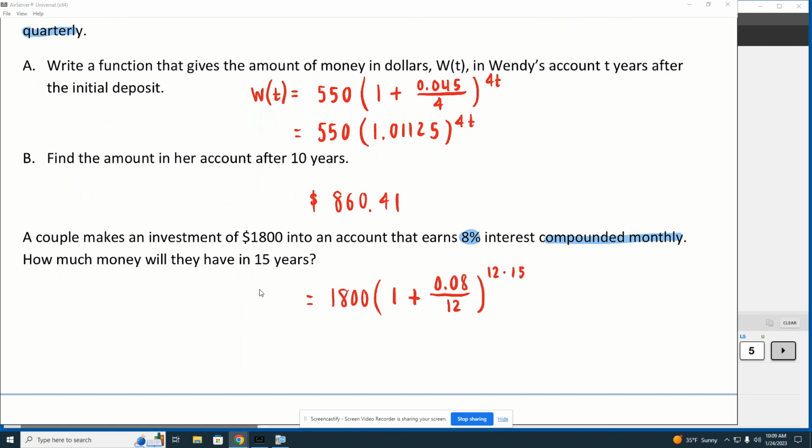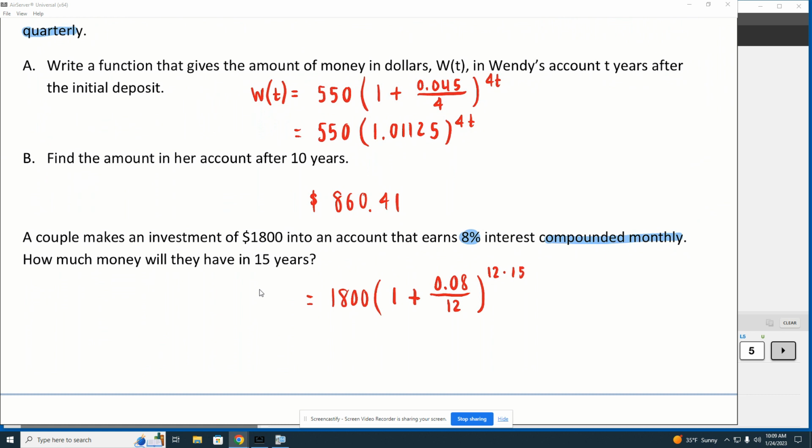So I'm literally going to go type that into my calculator just like that. Ready? 1,800, open parenthesis, 1 plus 0.08 over 12, close parenthesis, raised to the 12 times 15 power.